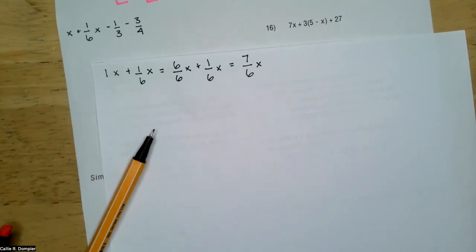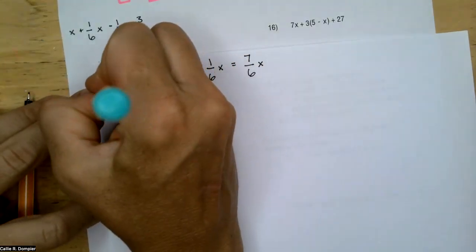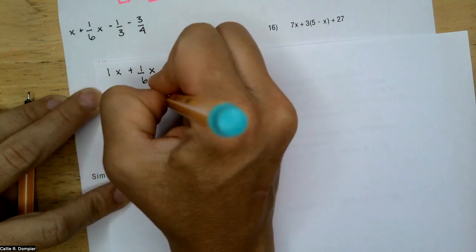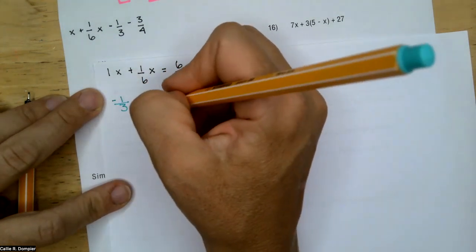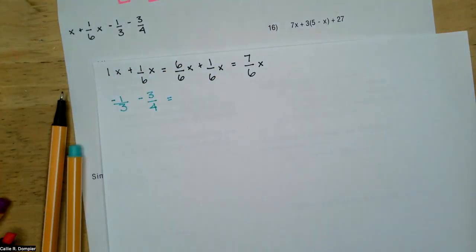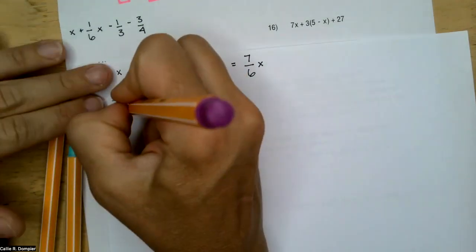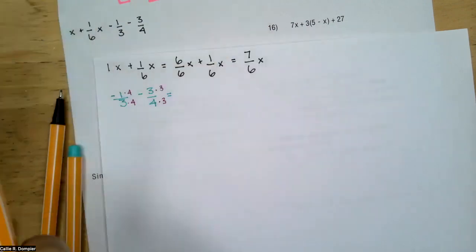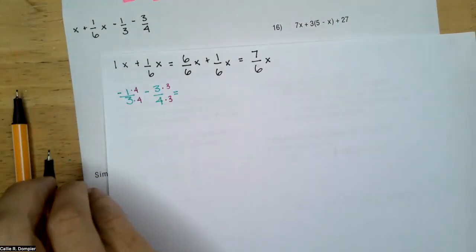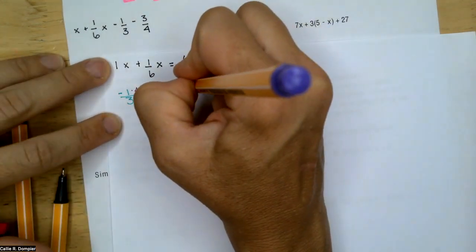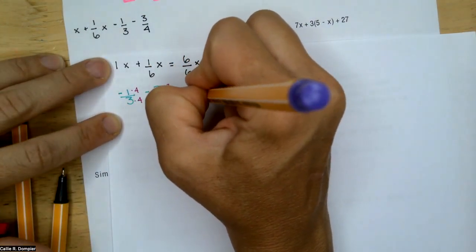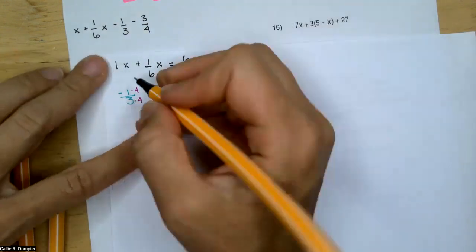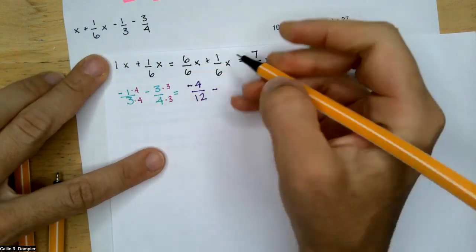And then we have the minus 1/3, minus 3/4. Good. These, your least common multiple is going to be 3 times 4, right? Which is 12. So we're going to multiply this side by 4. We're going to multiply this side by 3. We're going to get negative 4/12 minus, okay, that's still a negative, minus, so you can put the negative next to the 1 or out in front, it doesn't matter.